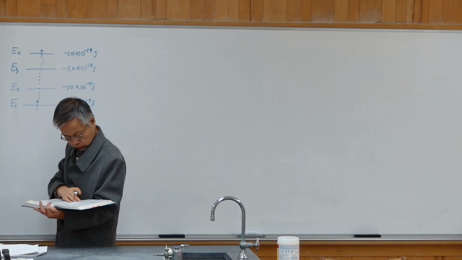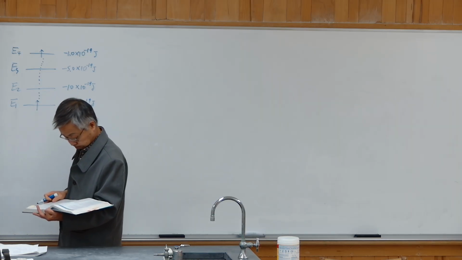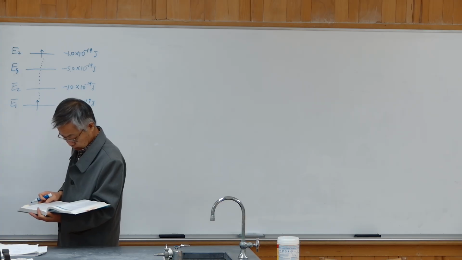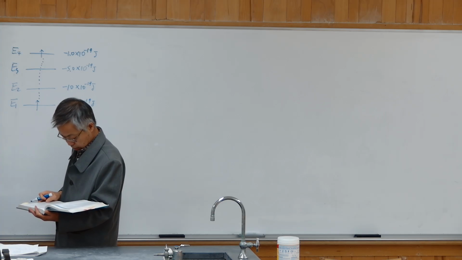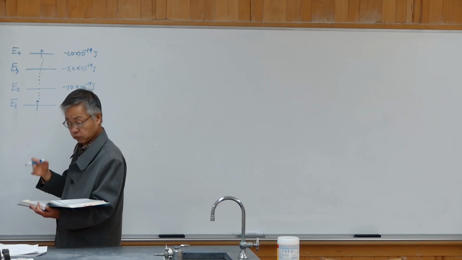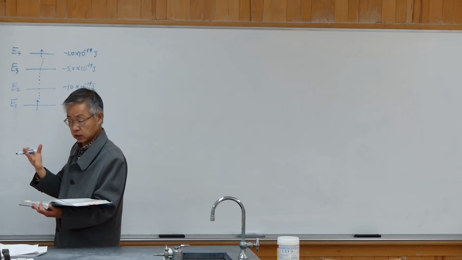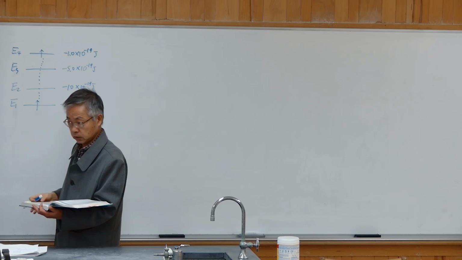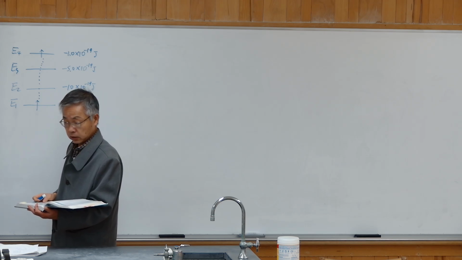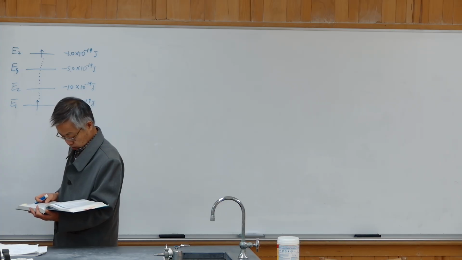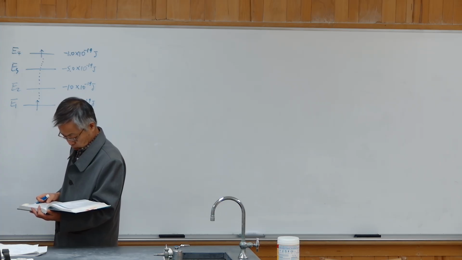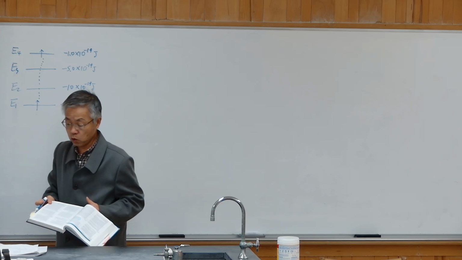And this energy comes from a light. It asks what is the energy of the photon? A photon is a particle that makes up light. The particle that makes up light, we call photon. So it asks, what is the energy a photon must have? This means the energy of one photon.